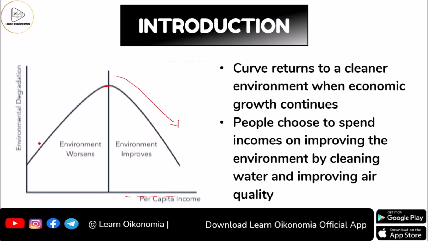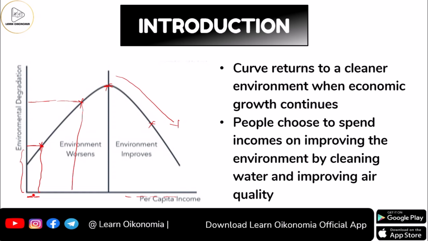Let's consider this point, this point, this point, and somewhere here also. Whenever you are at this particular point, you will have your growth this much and environmental degradation this much, isn't it? From this point also you can have a certain level of growth and environmental degradation.